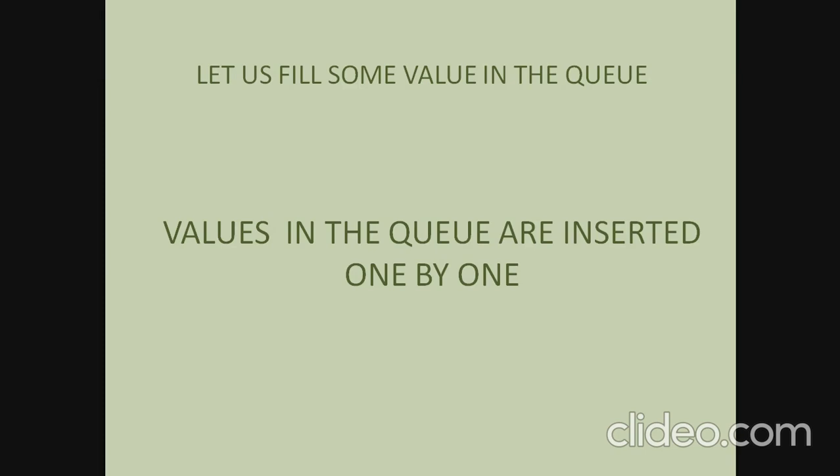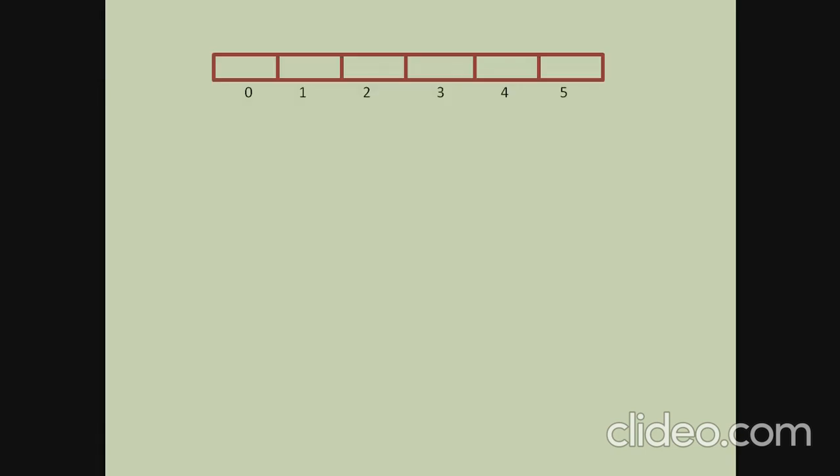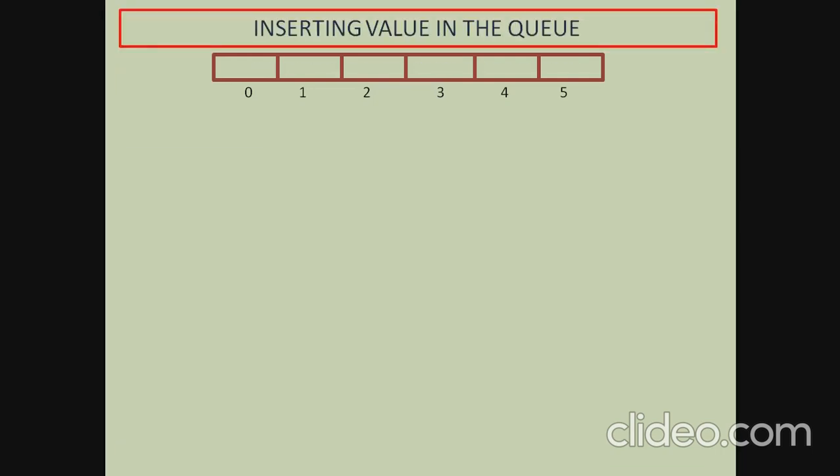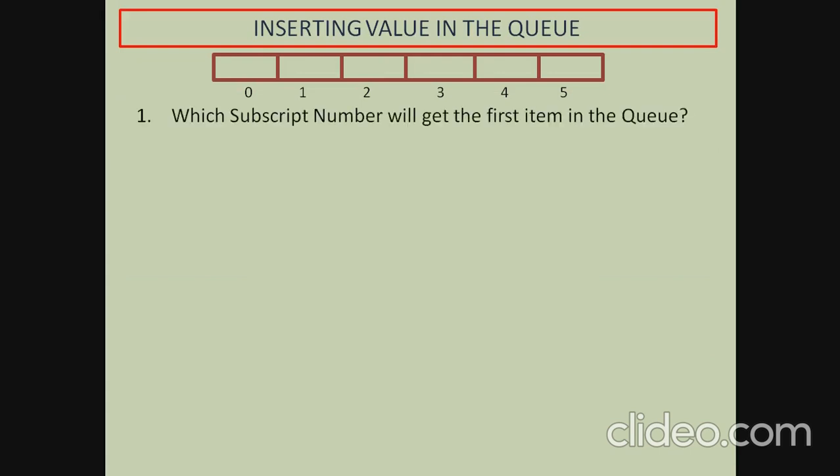So let us now fill some value. See, this is a list with us. I want to fill some value. That means I want to do insertion. That is, we will insert a value in the queue. Now, as I said, which subscript number will get the first item in the queue? You all know now.